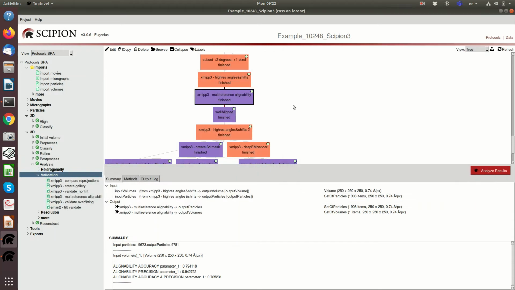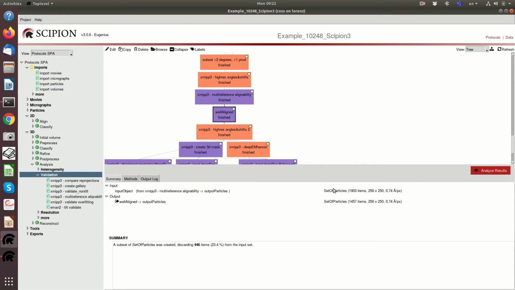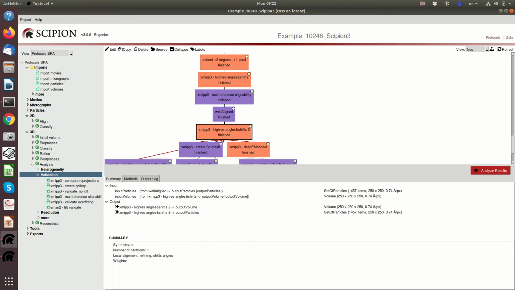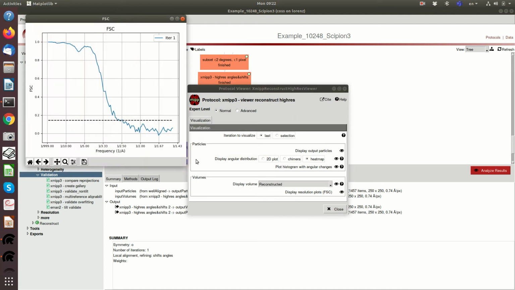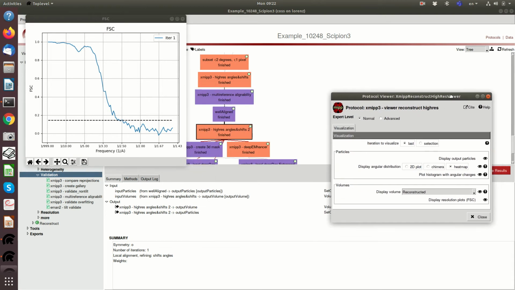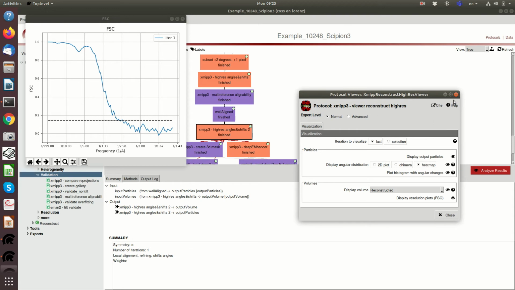That is what I did here. Those are the particles for which I'm completely sure about the angular assignment, and you may reconstruct again using a local refinement. Now you have lost a bit more of resolution. I think it was 3 before, or I'm not sure about this.